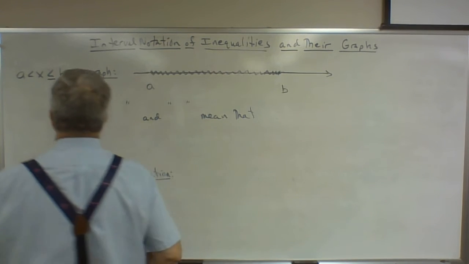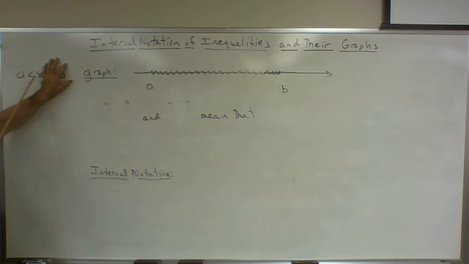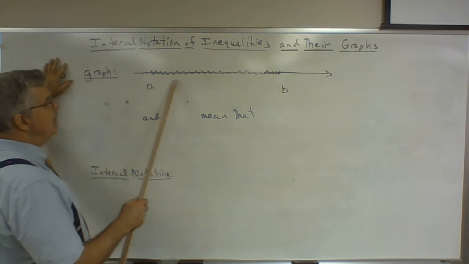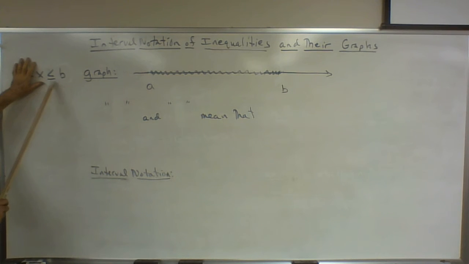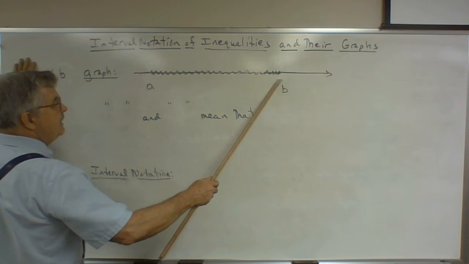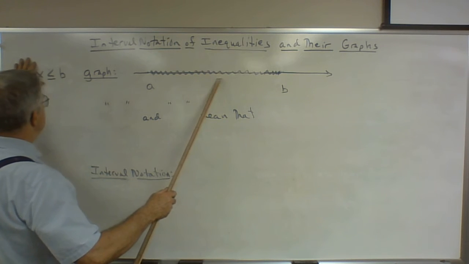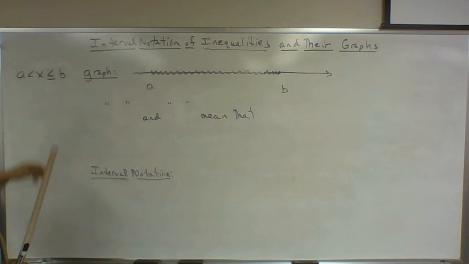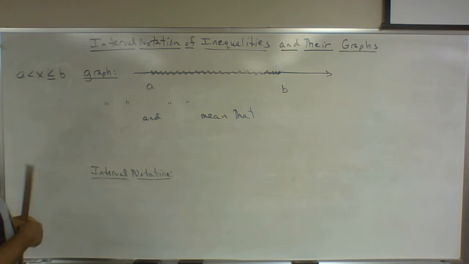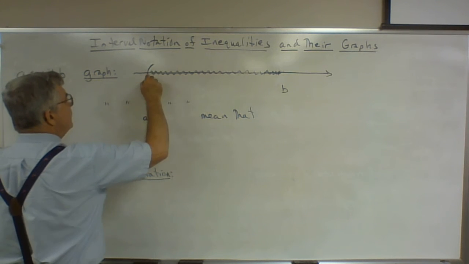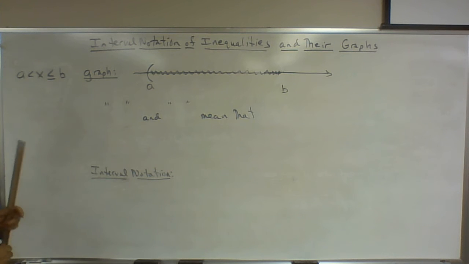The first part of this inequality says x is greater than a. So we shade the number line to the right of a. The second part of the inequality says x is less than or equal to b. So we shade in that part of the number line to the left of b. This part of the inequality says x cannot equal a. So I put a round parenthesis over the a.